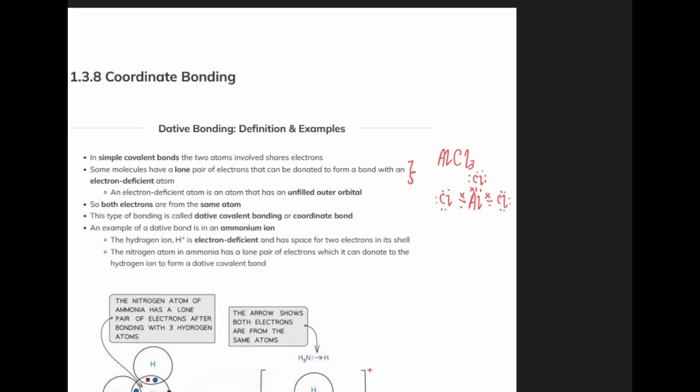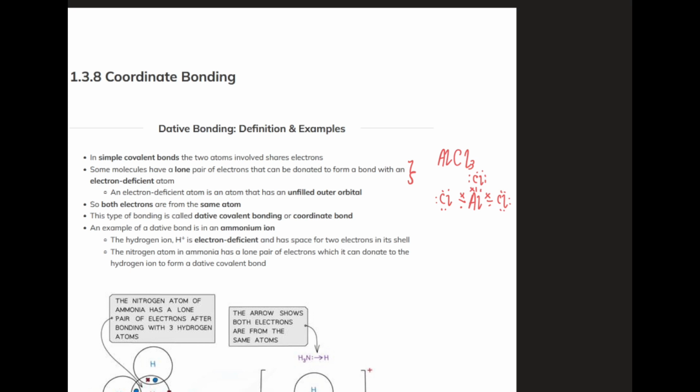The terminal atoms, the chlorines, achieve octet. So each of these has 8. But the aluminium, 1, 2, 3, 4, 5, 6. Okay, so 6 electrons for the aluminium. So that is not octet. So we call it electron deficient.